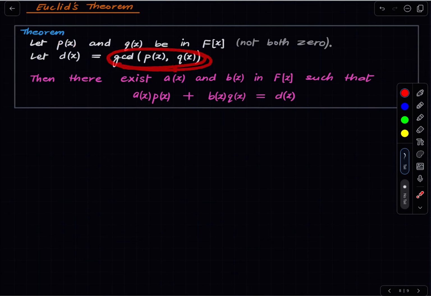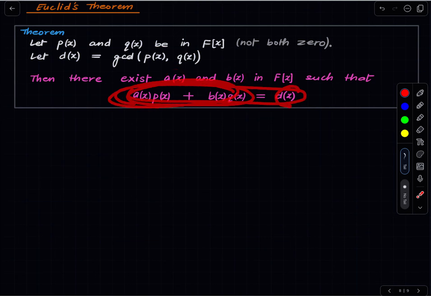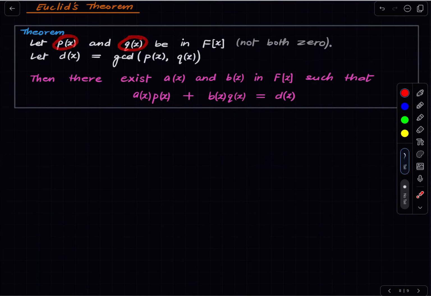So we just have a notation for it, and let's call it d(x). Then what we are saying is that there exist polynomials a(x) and b(x) such that this thing is the greatest common divisor. So this generalizes Euclid's theorem for relatively prime polynomials, because if p(x) and q(x) were relatively prime, d(x) would just be 1.